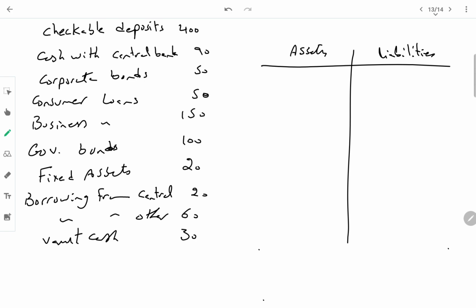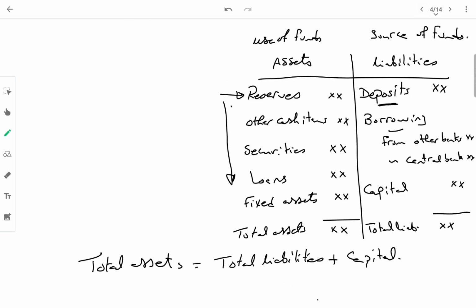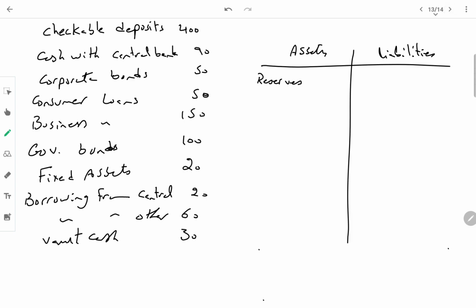First of all, we have to write the items in the order of the balance sheet, which means that we have to write it as reserves, other cash items, securities, loans, and fixed assets.